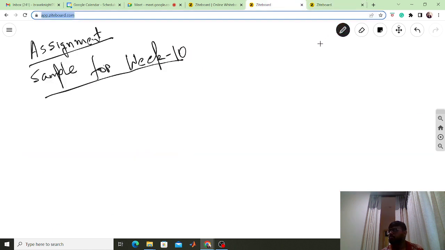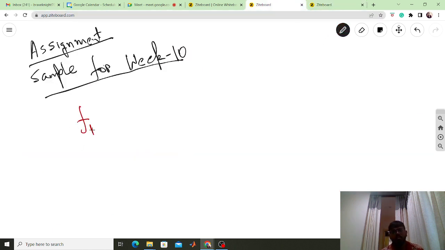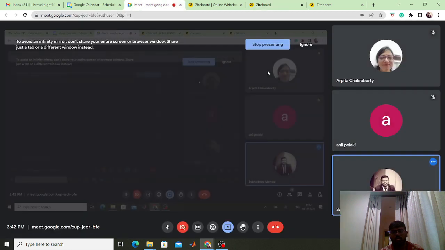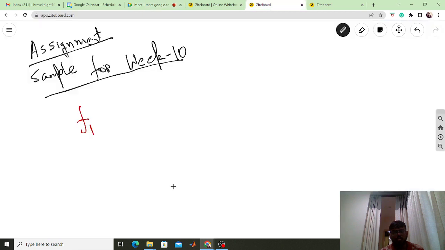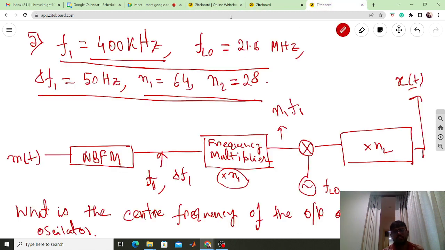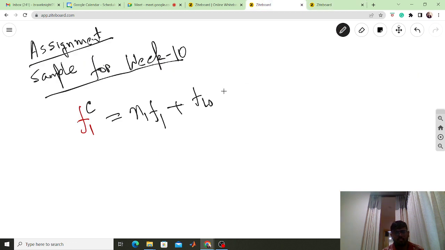The first center frequency is N1 F1 plus FLO, and if you calculate that, I believe this frequency is going to come like this.